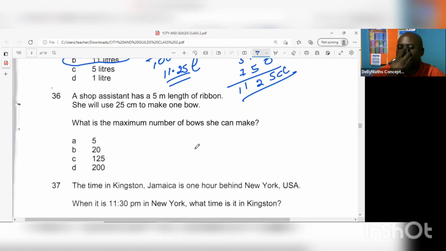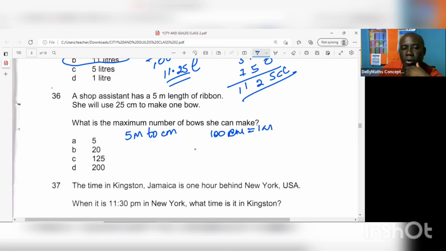A shop assistant has 5 meters length of ribbon. She will use 25 centimeters to make one bow. So we want to know how many bows. I'm going to convert my 5 meters to centimeters. Remember though, it takes 100 centimeters to give me 1 meter.